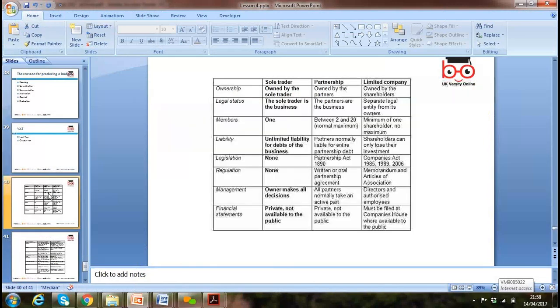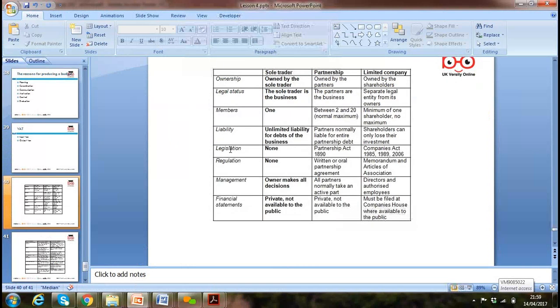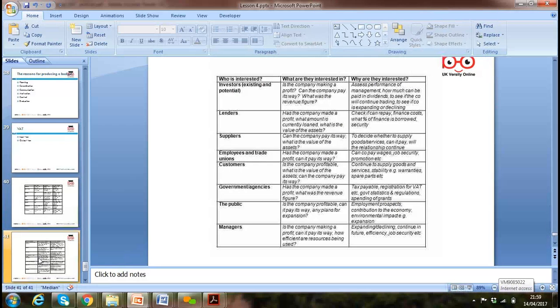No questions. Okay. Then next, I already put in this document the difference between sole trader, partnership, and limited company. So please go through it. That will help you to clear and address your learning outcome. I already sent you the whole document, but that gives you further detail on the slides.